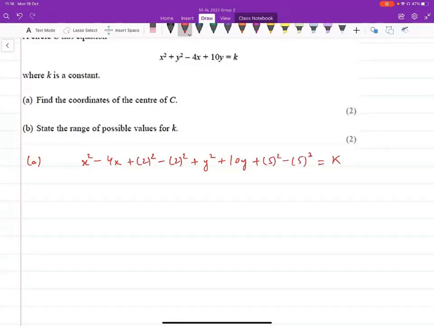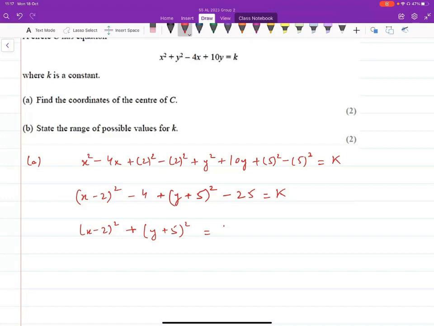Now when we complete the square, we get x minus 2 whole square from these terms, minus 4. Then from these terms, we get y plus 5 whole squared and minus 25. That equals k. And it becomes x minus 2 whole square plus y plus 5 whole squared equals k plus 29.